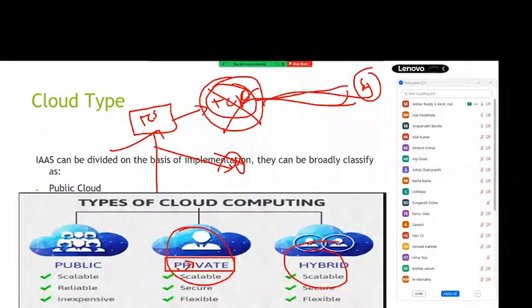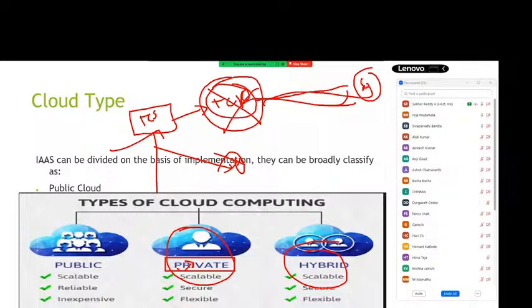Hybrid, you know, right? Hybrid is a keyword nowadays in IT, the hybrid model. What does it mean? A combination of public and private is called hybrid. Same way, in generic words, 2 days work from home and 3 days work from office, the combination we call the hybrid model. Same here also.